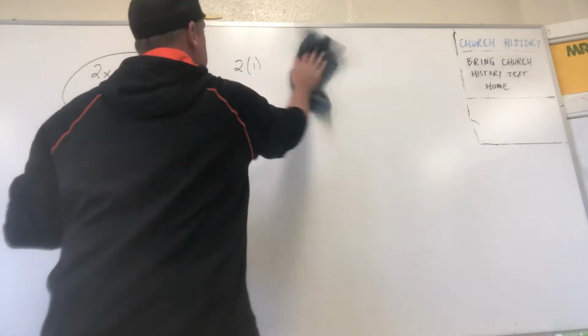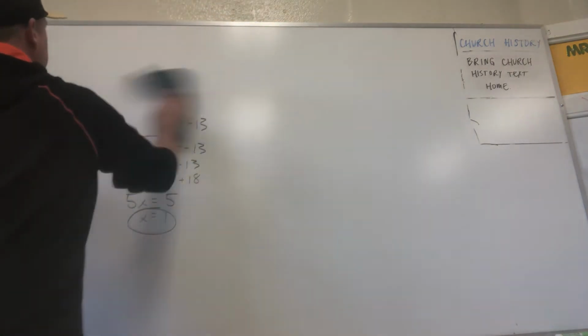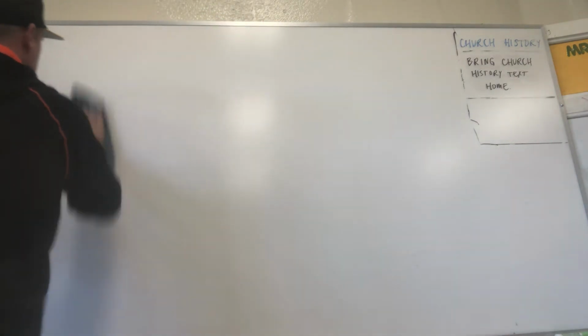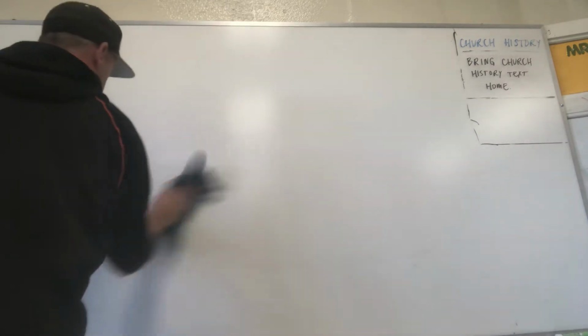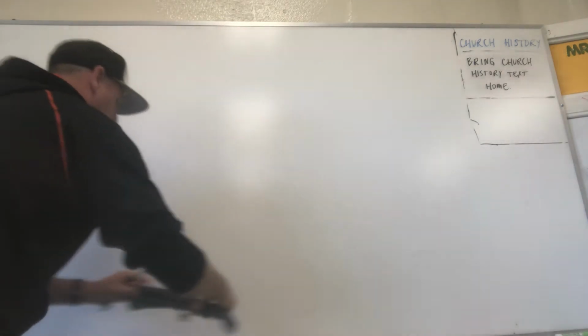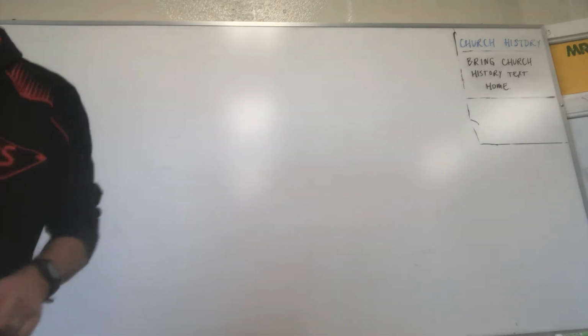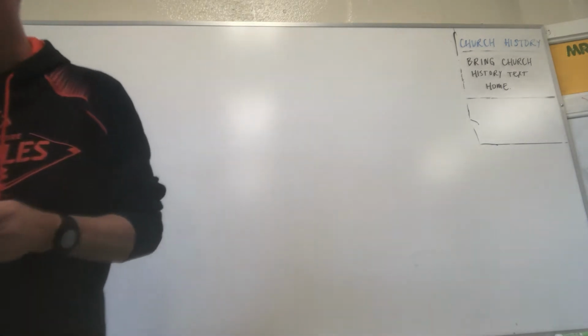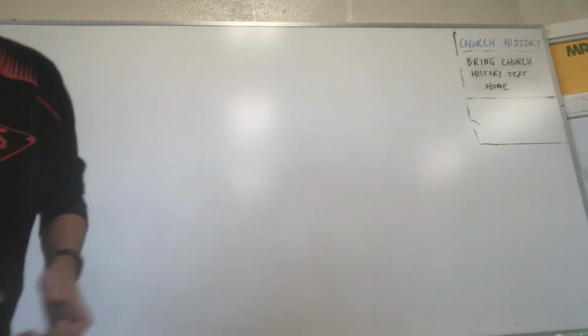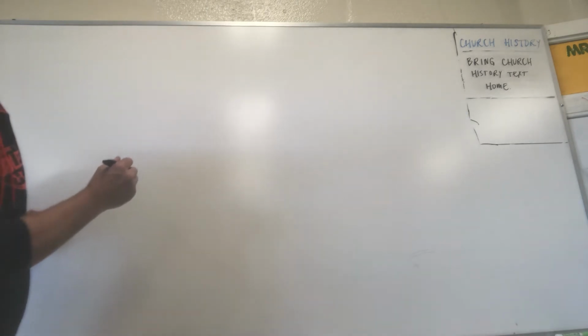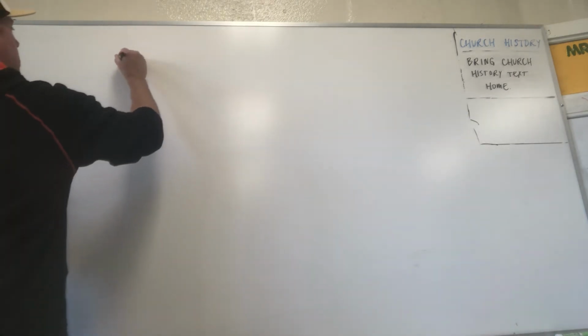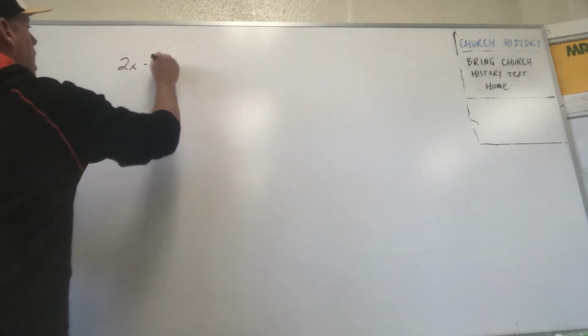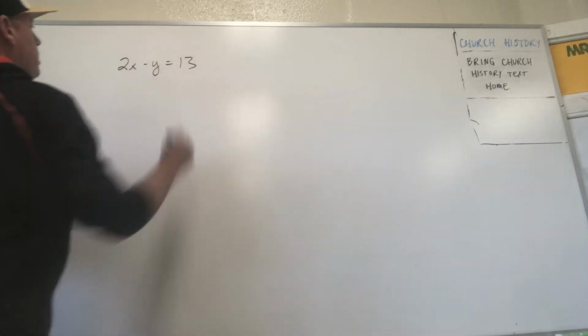Now we're going to be using what's called the elimination method to solve simultaneous equations. Just a different method. It's not hard. I just want you to follow along. We have 2x minus y equals 13.